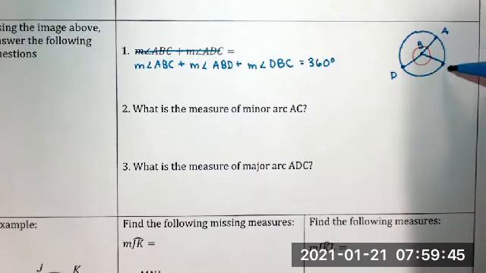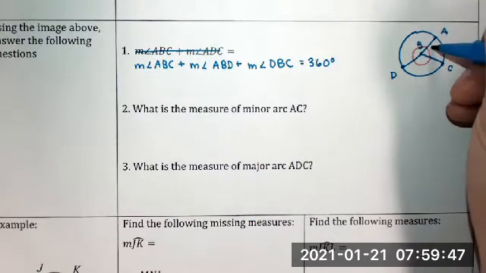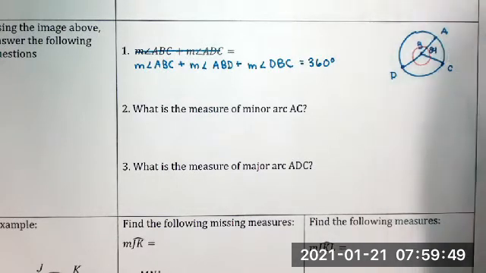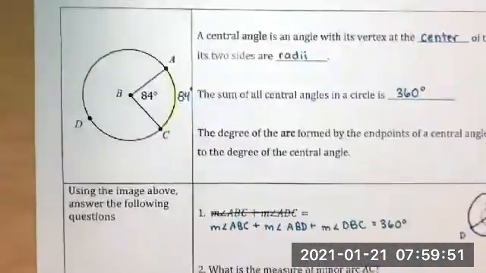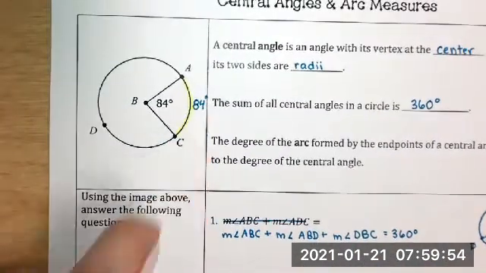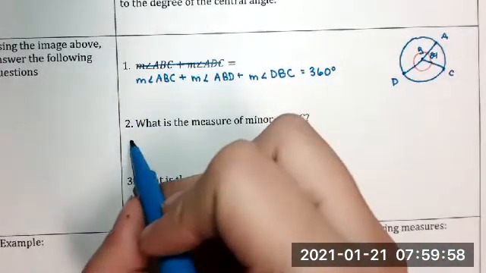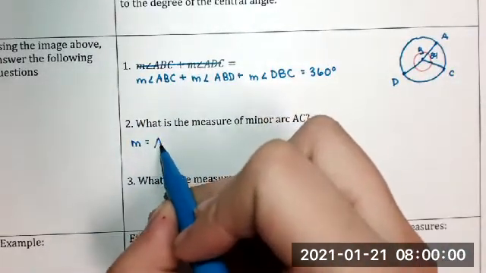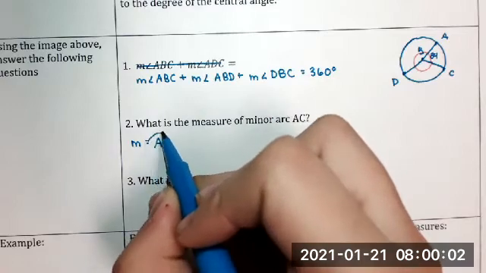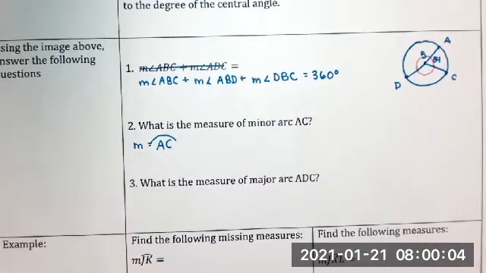Now, what would be the measure of minor arc AC? That was the one that we highlighted in the picture above, and its central angle was 84 degrees. And I actually already said that one. It's 84 degrees. So the measure of arc AC, whoops, that's the arc symbol. I accidentally put an equal sign.